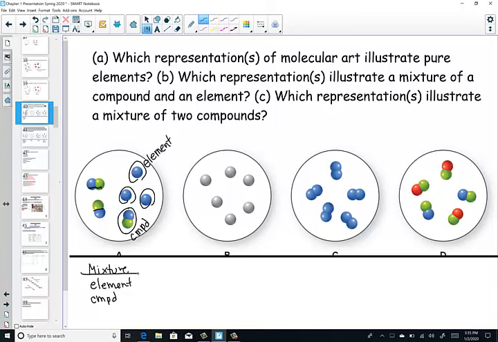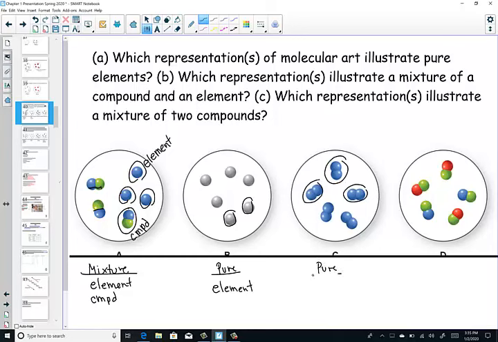In our next molecular art, these are all identical. They're all white atoms. There's nothing different. So it's a pure substance called an element. Only one type of atom, nothing bonded to it, so it's an element. This might be tricky too. Look at this. It's all the same thing. So it is pure.